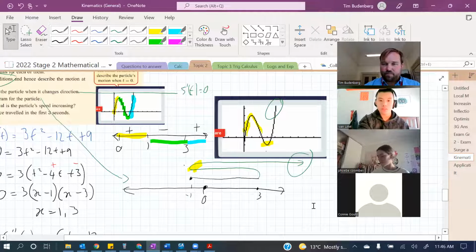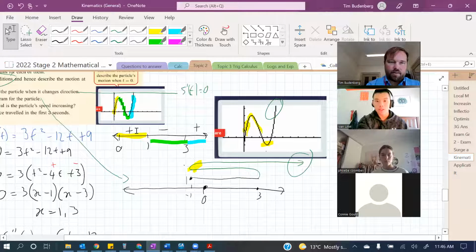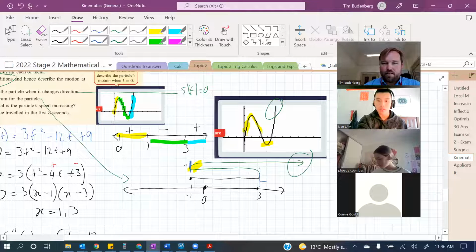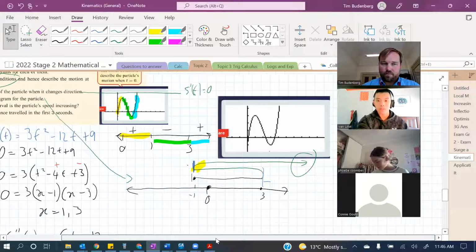So you start at -1 and you move to 3, and on the way to 3 it starts slowing down. At 3 the velocity is 0, and then it goes backward, I mean to the left, and on the way it slows down again. That's why the acceleration is negative, and then at the turning point it goes back to the right again.